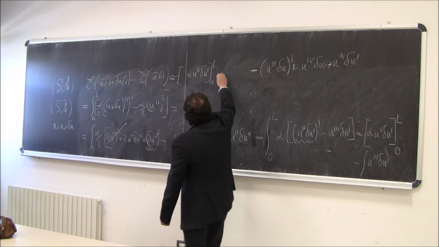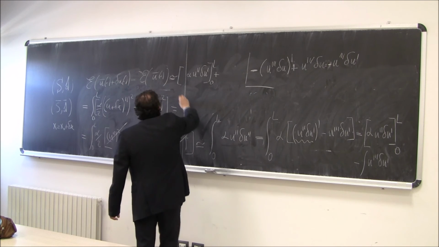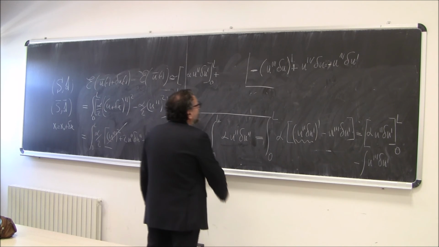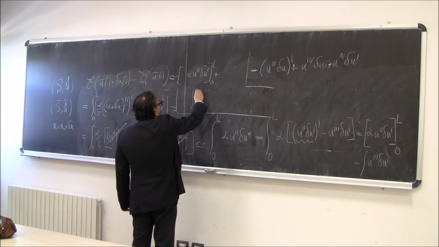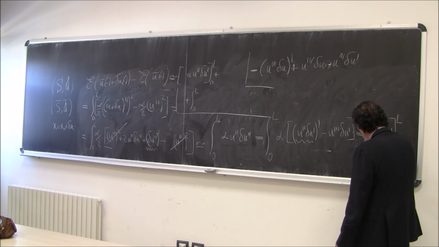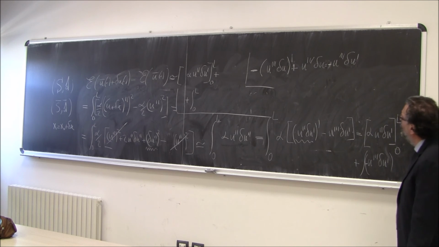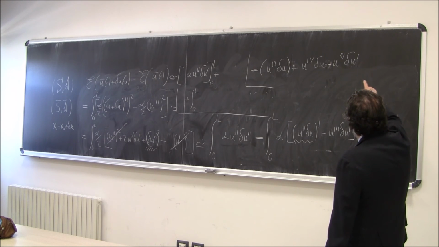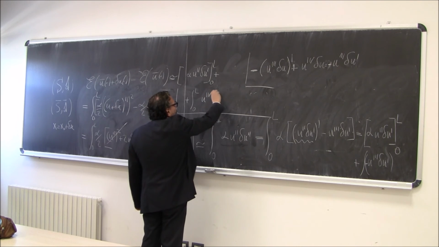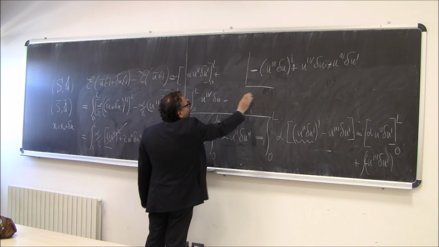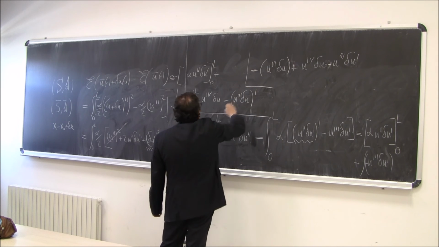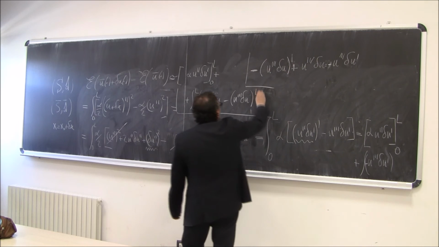So I have this plus the integral between 0 and L. So here plus, here minus inside here. Okay? So instead of minus u third delta u prime, I place u fourth delta u minus u third delta u prime. Okay?